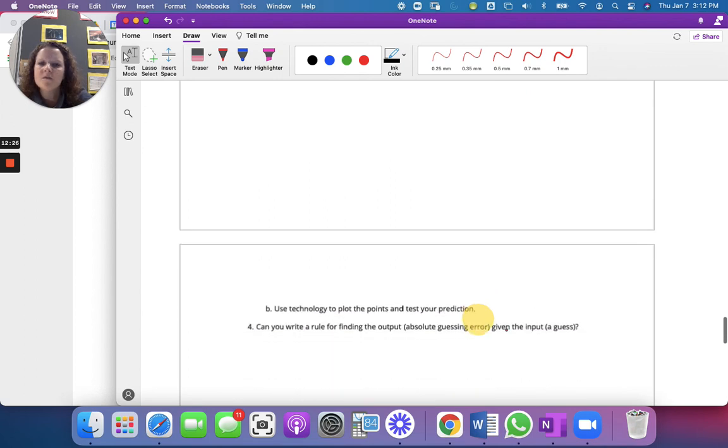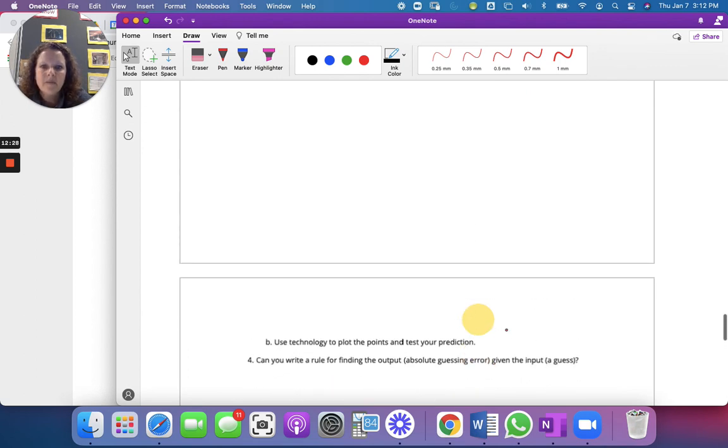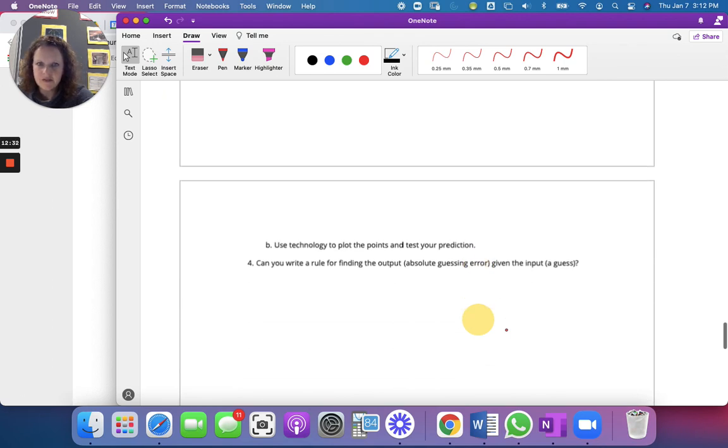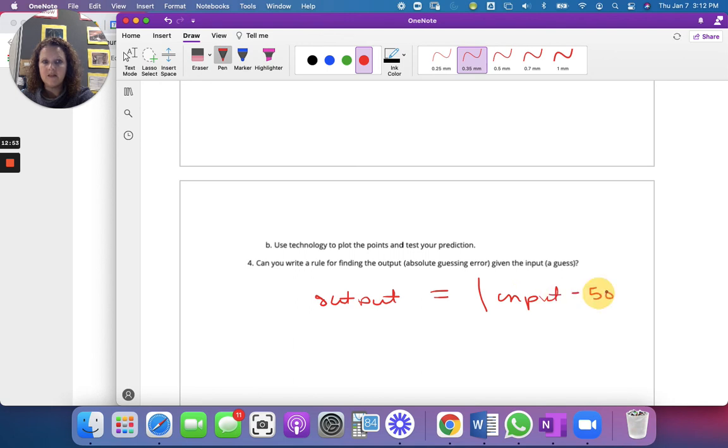All right, so sort of a weird lesson today, but important anyways. Oh, we didn't answer this last one. So can you write a rule for finding the output, the absolute guessing error, given an input? So really, to find the output, we would do absolute value, input minus 50.